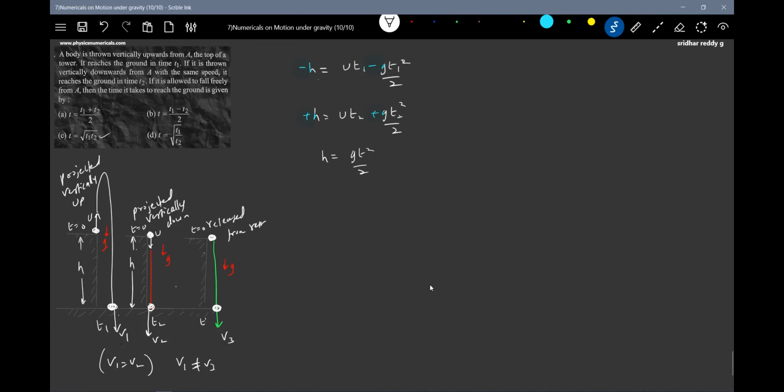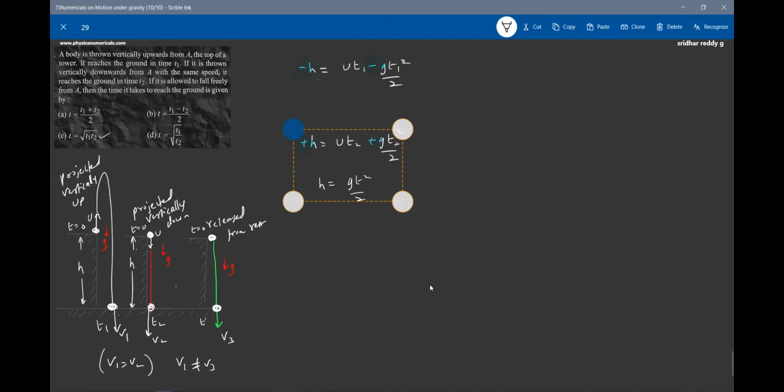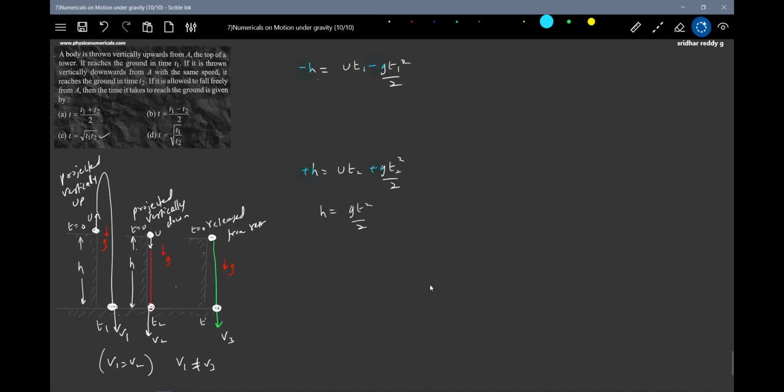We have to just solve. We have to search for a condition. We'll try to simplify this, so this will be this equation. I can rewrite it as... T1, T2, all they are needed.